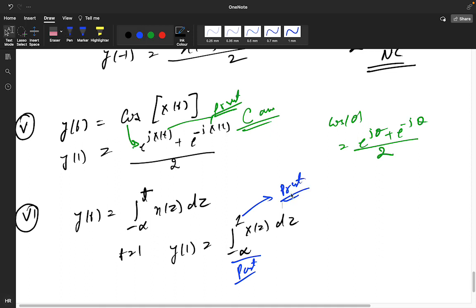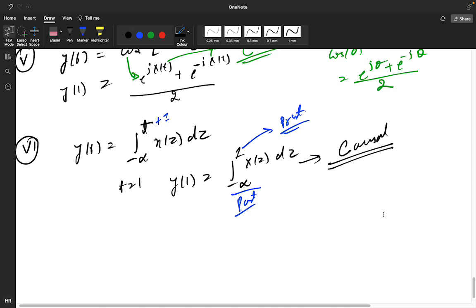So you are getting combinations of past and present. No future value is coming. If it was t plus 1, then it would be 2, and then a future value would come. So this is a causal system only.